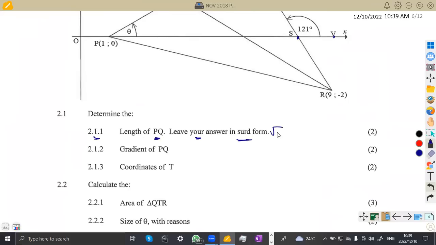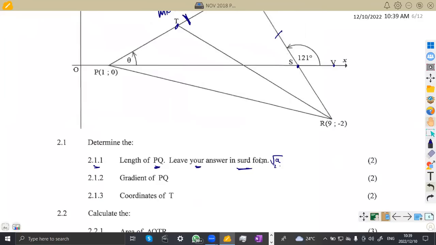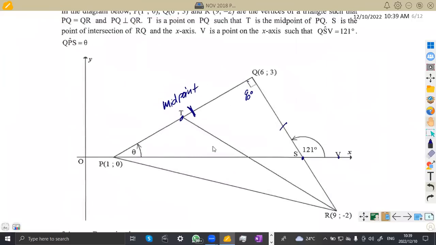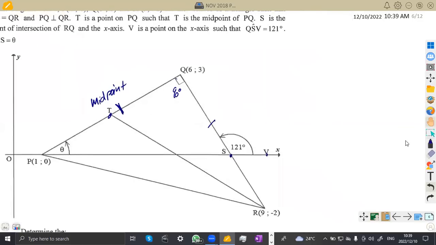So surd form simply means leave your answer under the square root, like square root of a. All right, so this is PQ, the length. Remember from the points that you're given, we have got P here and we've got Q. To calculate this length, you can just use this space here. So this is 2.1.1. The point P is given as (1, 0) and the point Q is (6, 3).